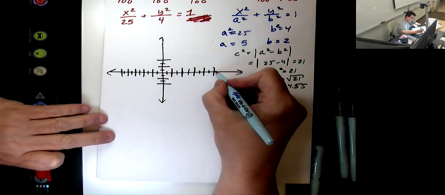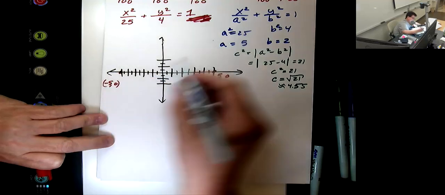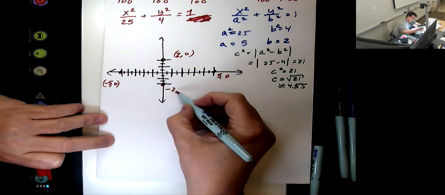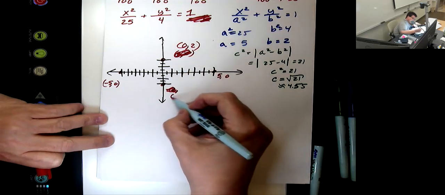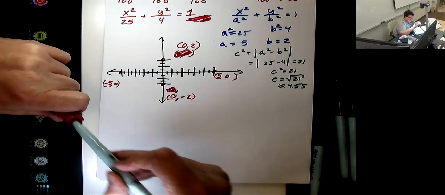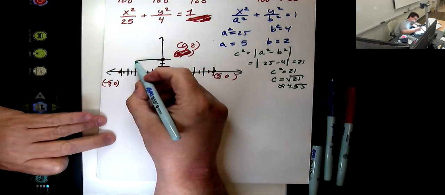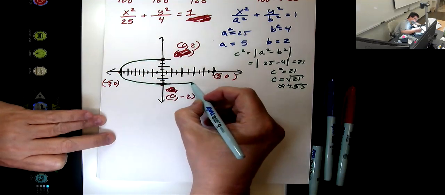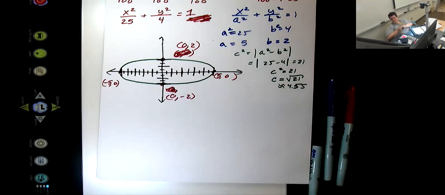So this will be 5. (-5, 0), (2, 0) up here, no, (0, 2) up there, and (0, -2) down here. Just going to connect them and put a little curve at the end. Don't make it look like a diamond. If it's a diamond, it's wrong.